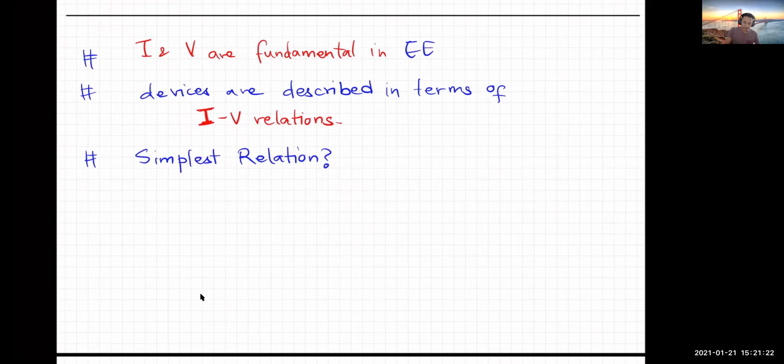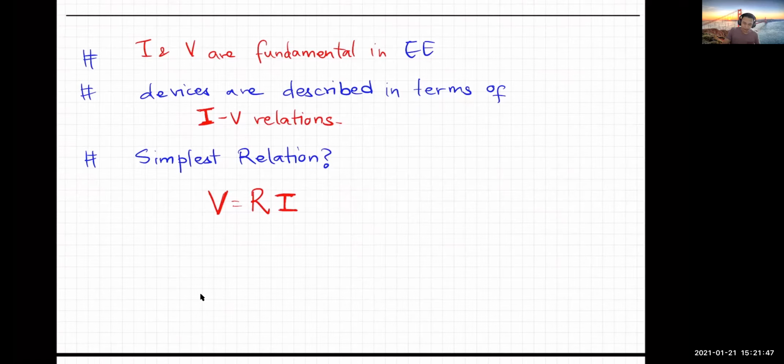And the simplest solution I can think of for anything is equality. Right? So I can say V equals I, but this doesn't really work, right? Because there are two different physical quantities. They can't be equal. So we'll insert a constant of proportionality, and that converts the units properly.